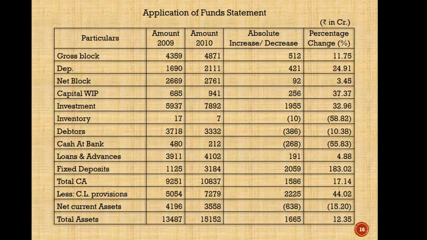We have deducted the previous year data from the current year data amount, and arrived at this absolute increase or decrease. Then we calculated percentage change, that is how much percentage it has increased or decreased when compared with the previous year amount.